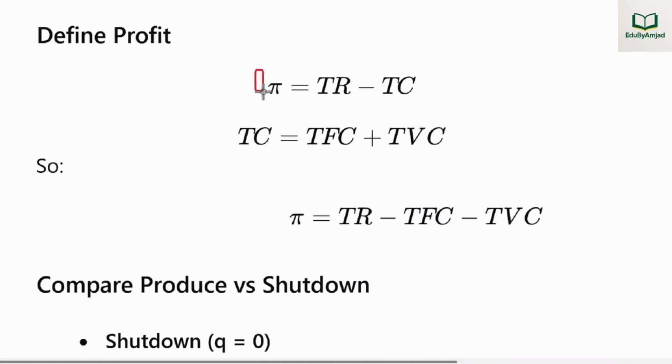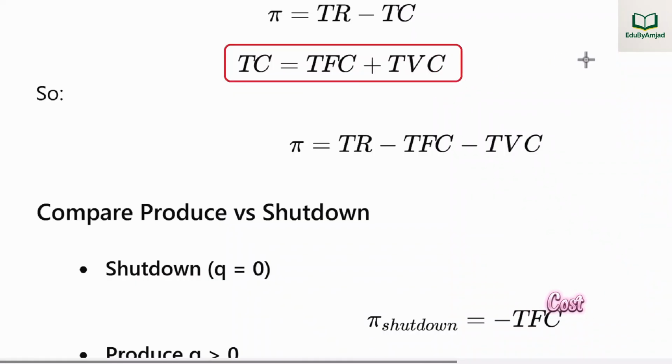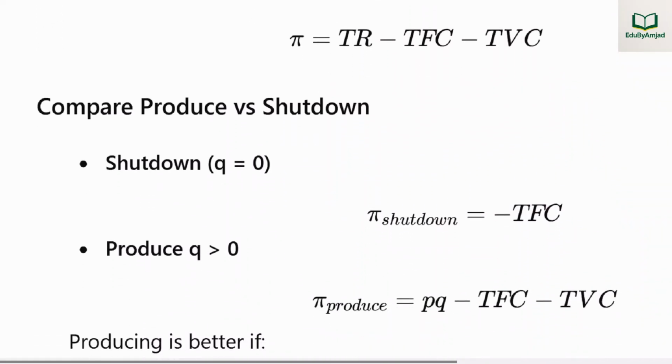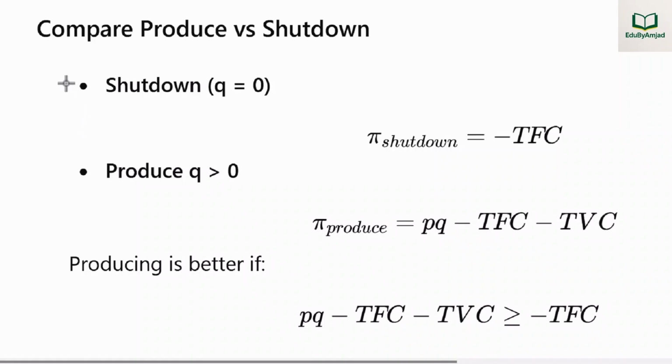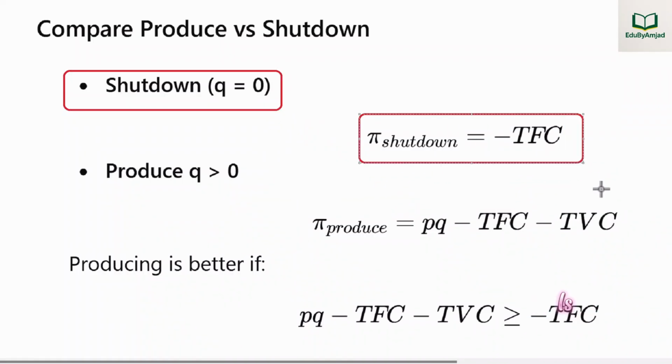Let's write profit. Profit equals total revenue minus total cost. Total cost equals fixed cost plus variable cost. So profit equals total revenue minus total fixed cost minus total variable cost. Now compare two options. If the firm shuts down and produces zero output, profit is negative.